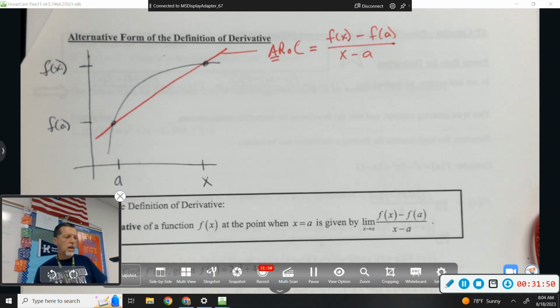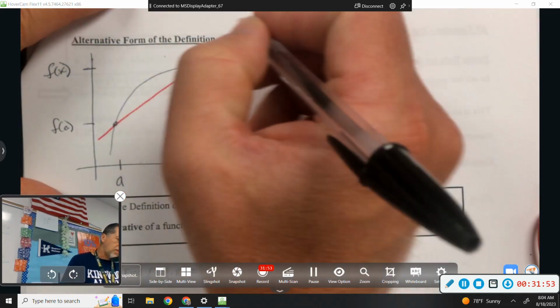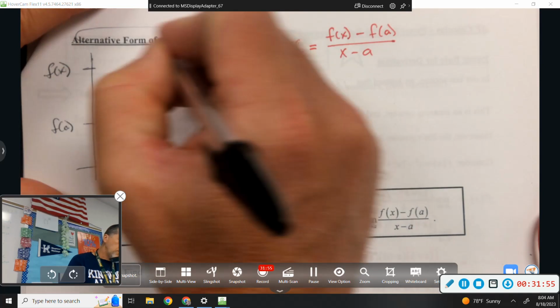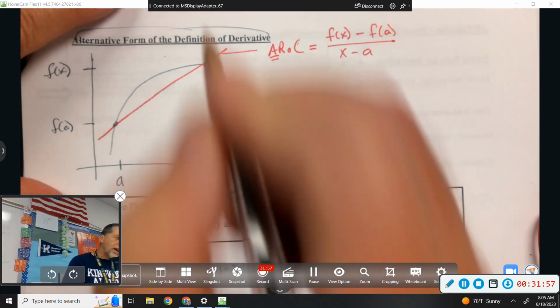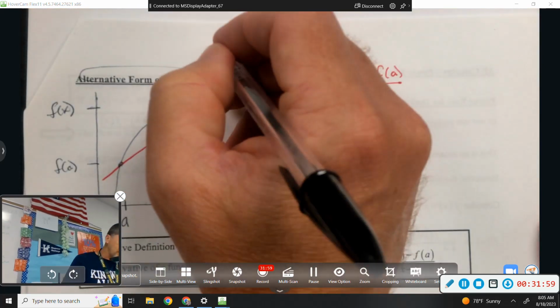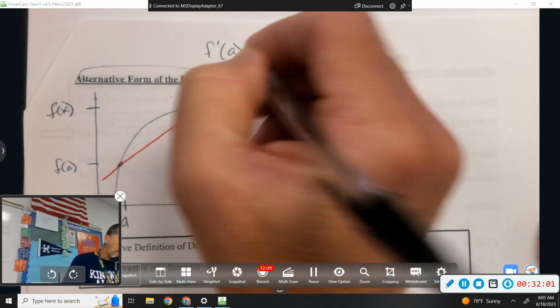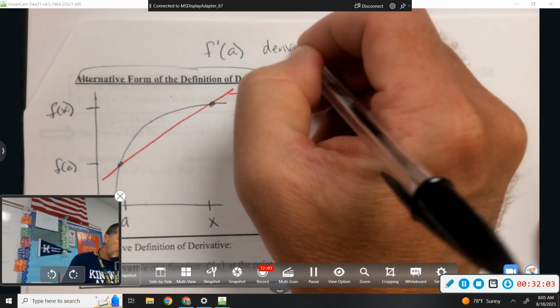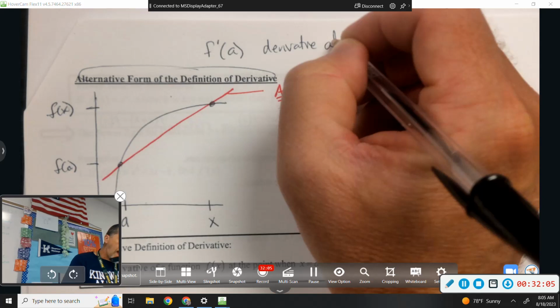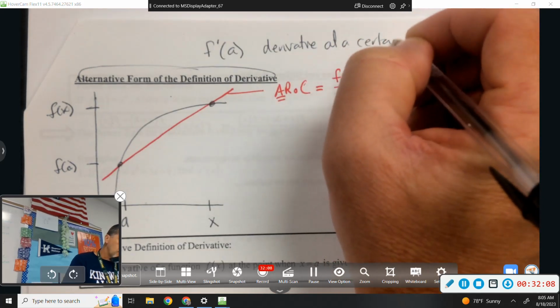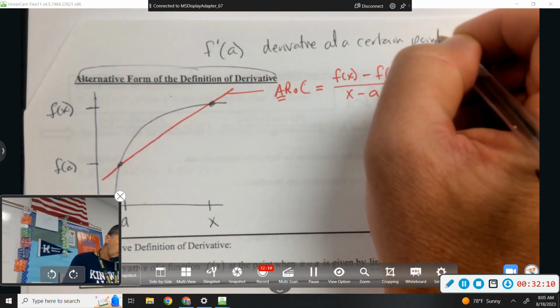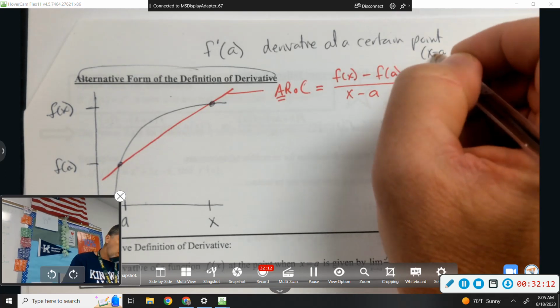And we should have backed up and said, the alternative form is going to tell us not what f prime of x is, but what f prime of a is, meaning the derivative at a certain point. At x equals a.